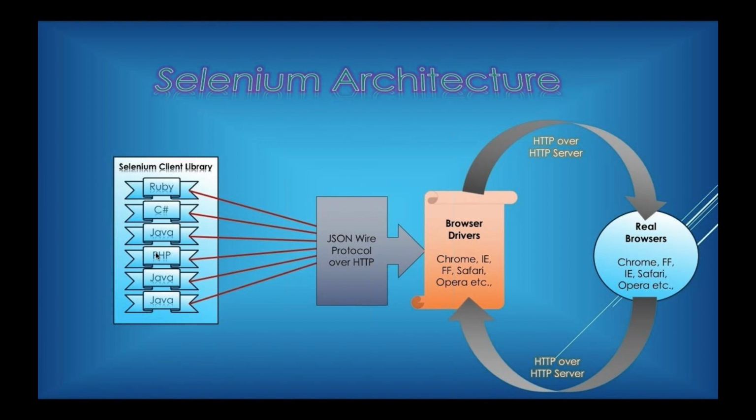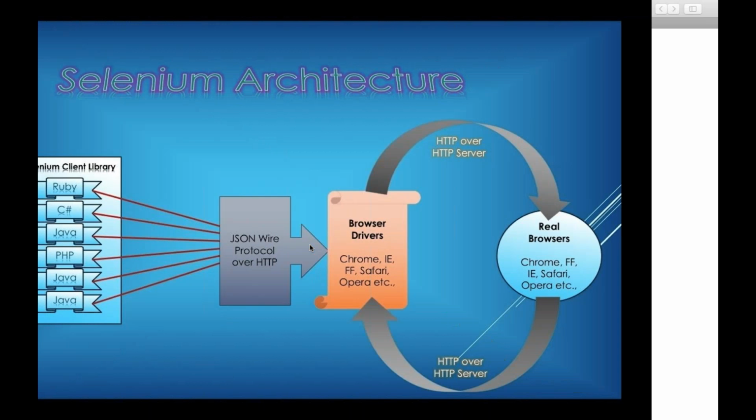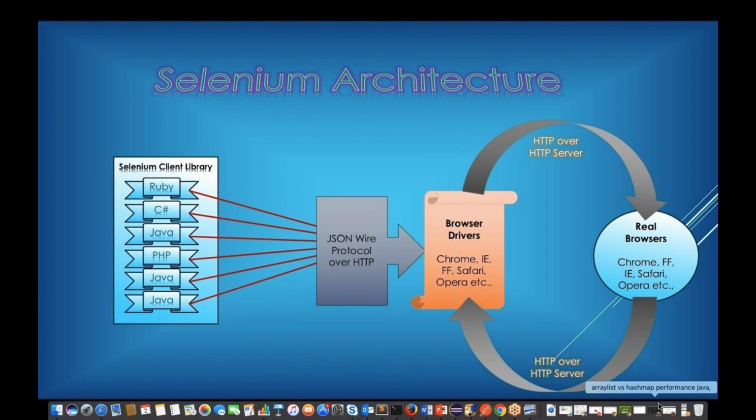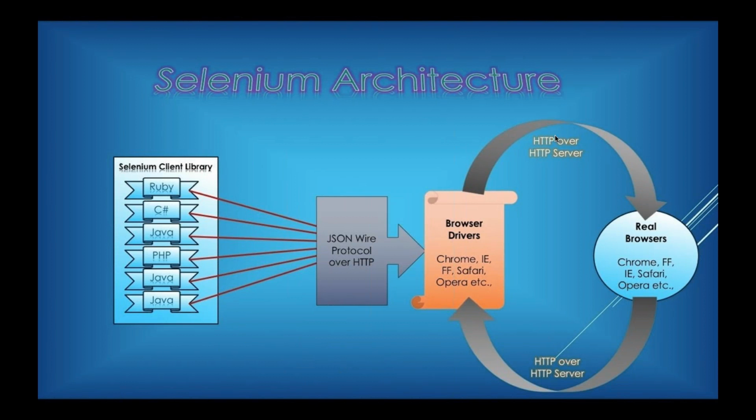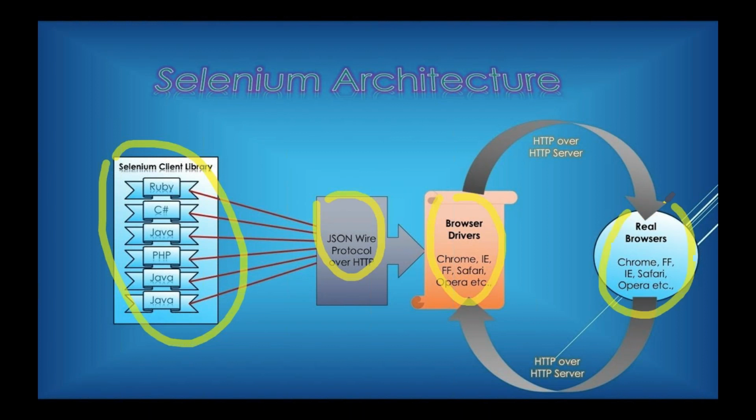This is the first component. This is my second component, this is the third component, and this is my fourth component. Now see guys, we always interact with two things. We have different browser drivers: Chrome driver, IE driver, Firefox, Safari, and Opera.